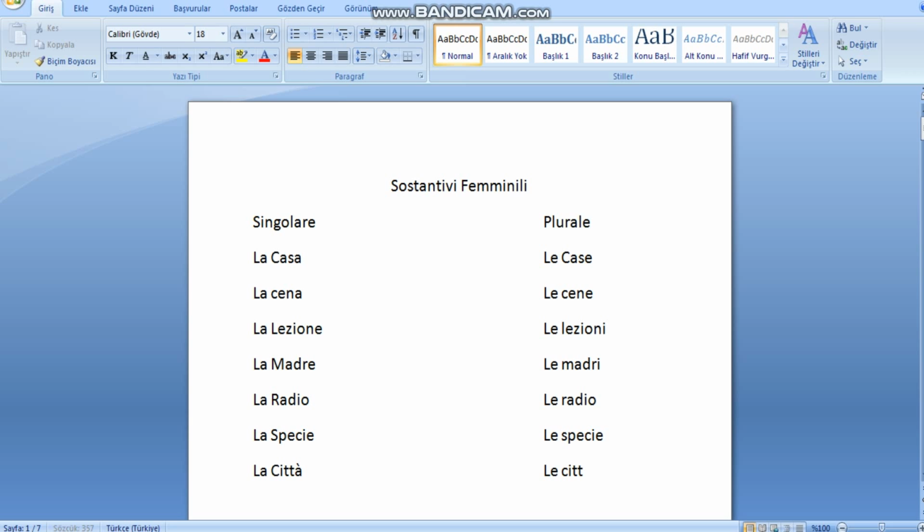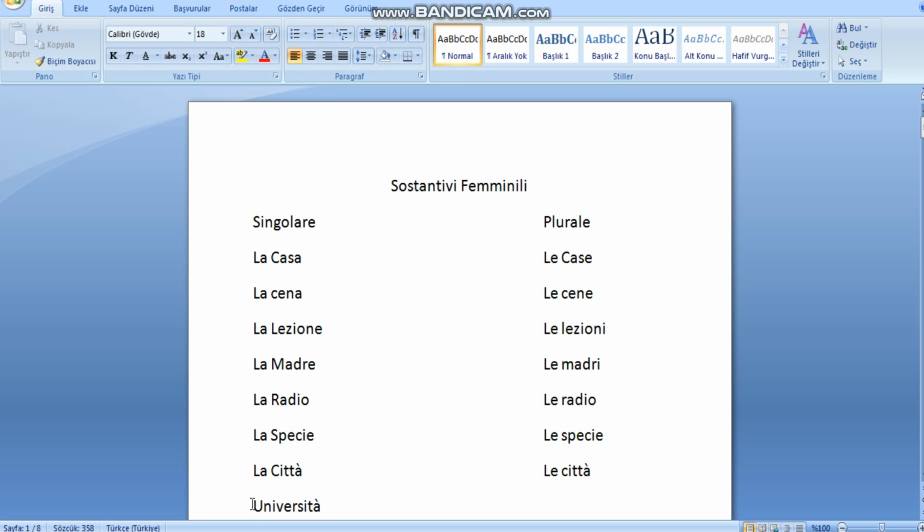Le città. Let's give another example for that. Università. Here also the word finishes with an accent, the letter A with an accent. So it means that the word is feminine.